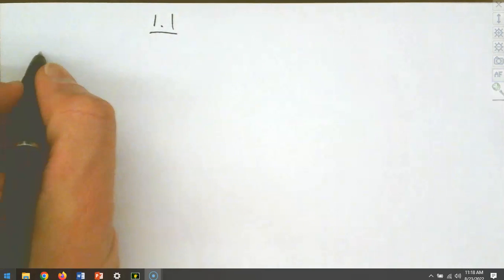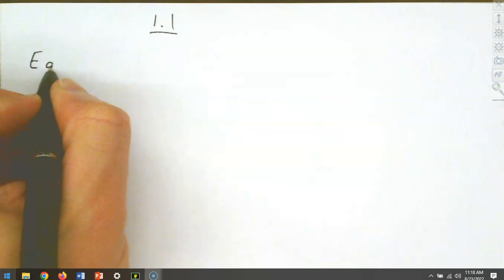So we're going to go ahead and start with 1.1. And we're going to begin with a couple of basic definitions. And when I give you definitions, I like to write them in language that you can understand, and not the same as the textbook. So 1.1, we're going to look first at equations and expressions.